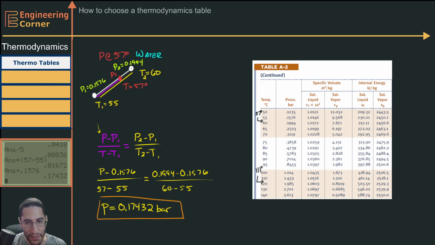Now, a way to check this: is this right? Well, we take our pressure and we just eyeball between these two numbers. Yeah, 0.17432 is between my two numbers, so this is a reasonable answer. The other thing that you should check is, if you set it up this way, these two numbers are going to be the same.